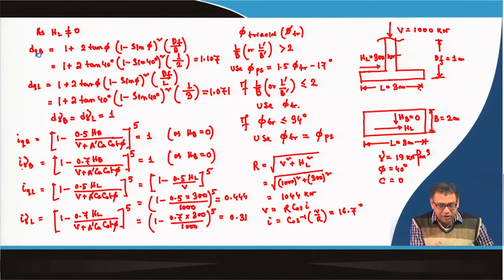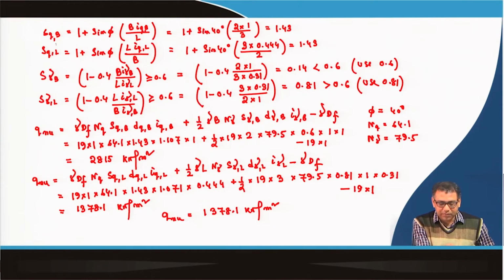But this modification, 1 plus sin phi B IQB, you have to do. Only the L part you need not do, only the B part is sufficient, and only the first equation you have to use, not the second equation. Okay. So, you only have to go through these two sets if HL is not equal to 0.